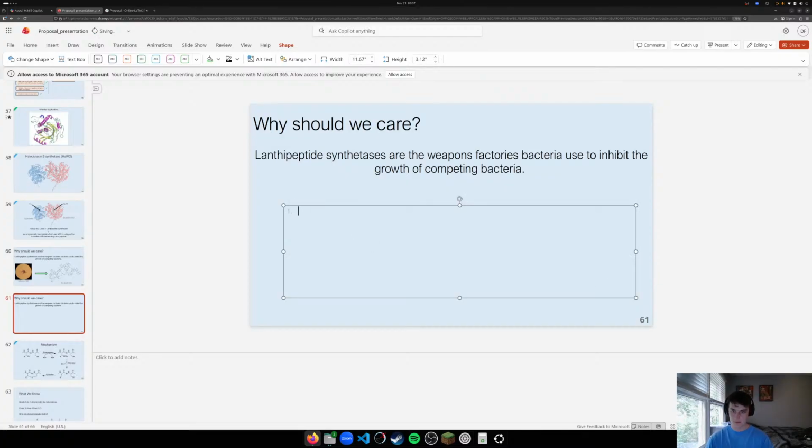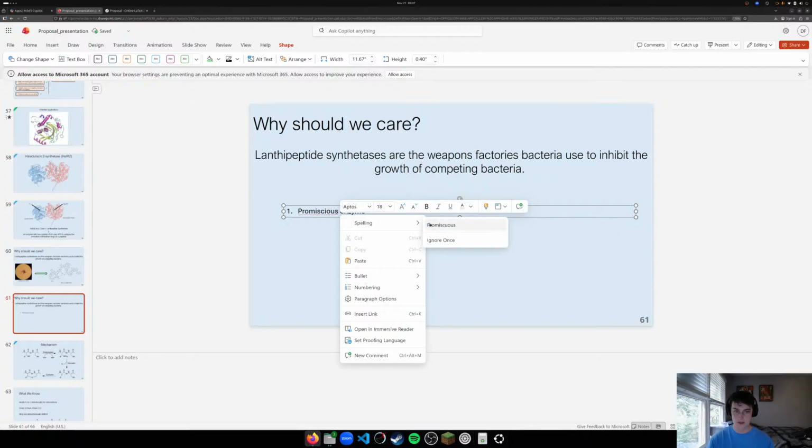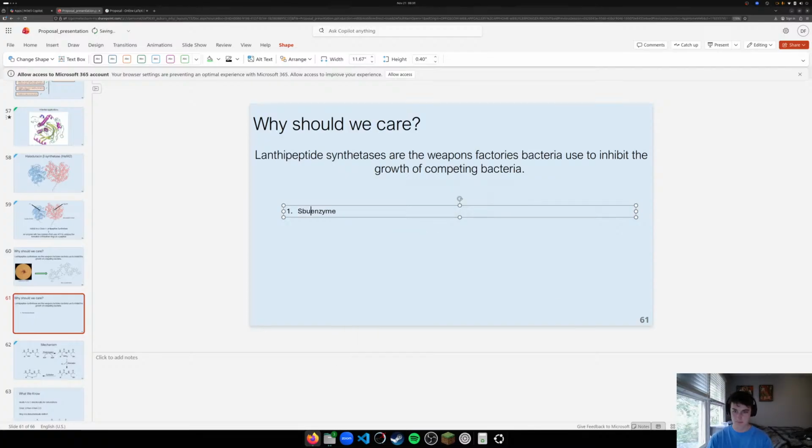One, promiscuous enzyme, or maybe substrate tolerant, high tolerance for variable sequence substrates.